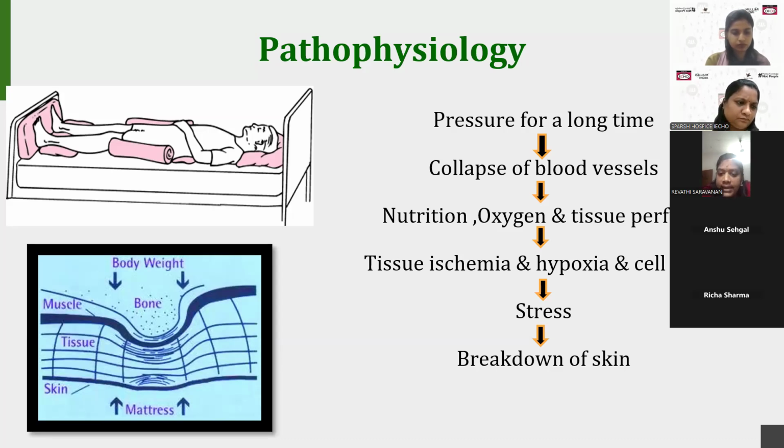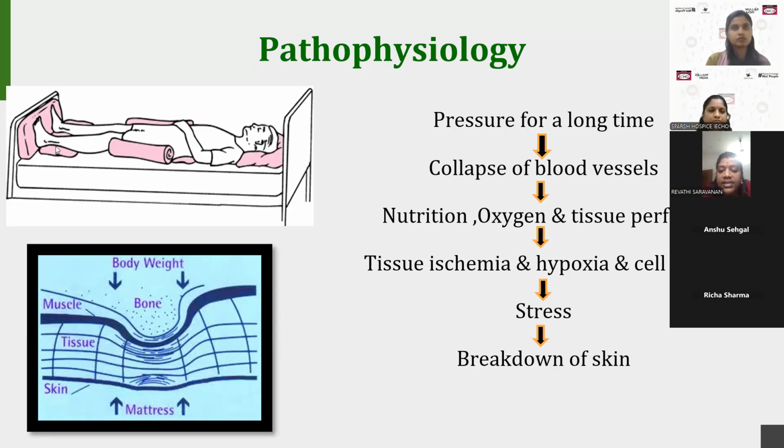Then that leads to reduced tissue perfusion. Nutrition, oxygen, and other supplies to the skin and blood vessels are disrupted due to the collapse of blood vessels and the pressure. Then that leads to tissue ischemia.